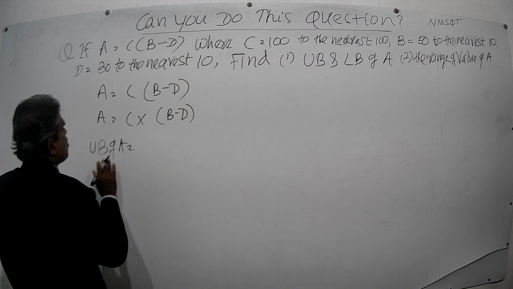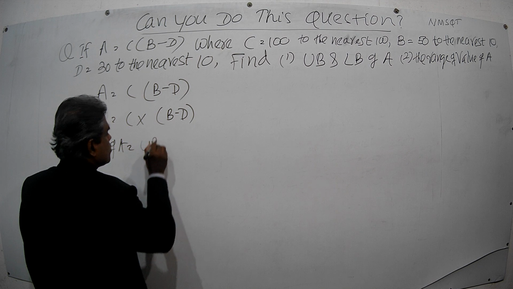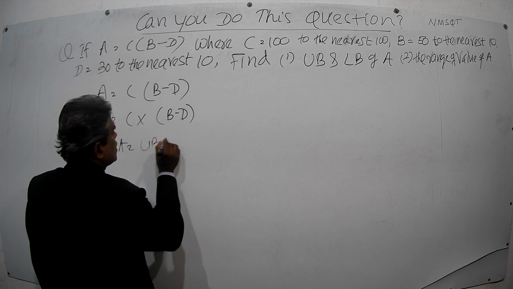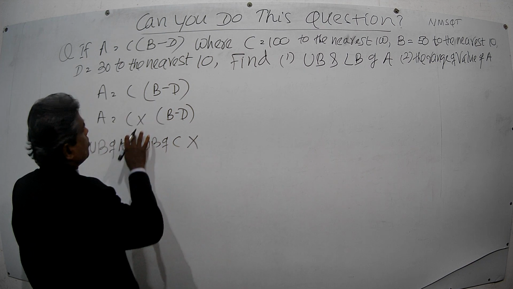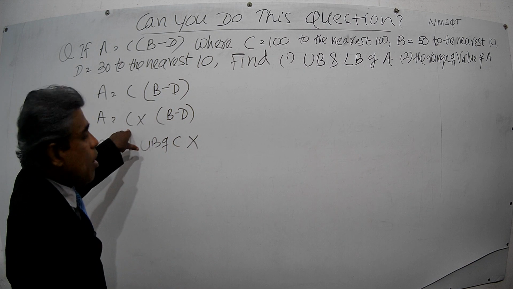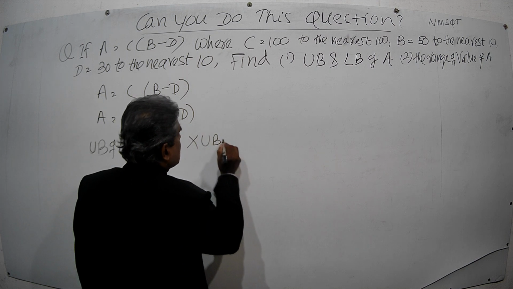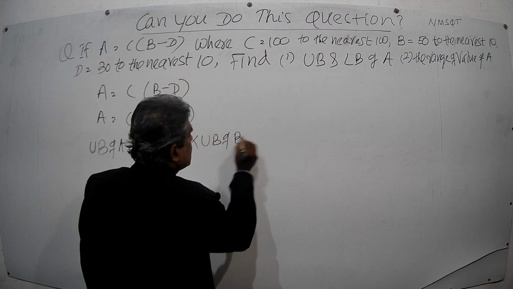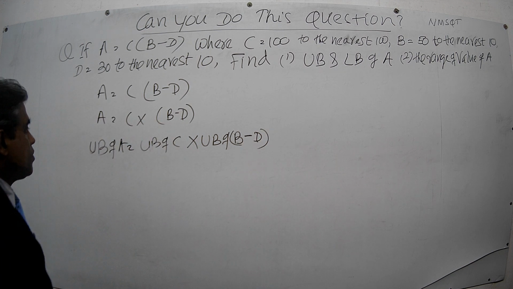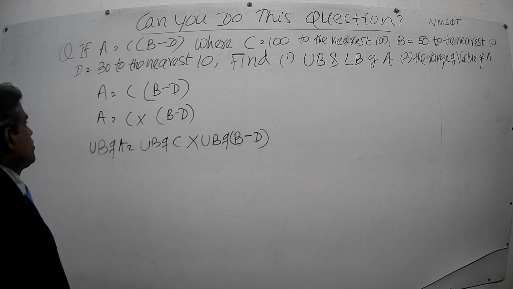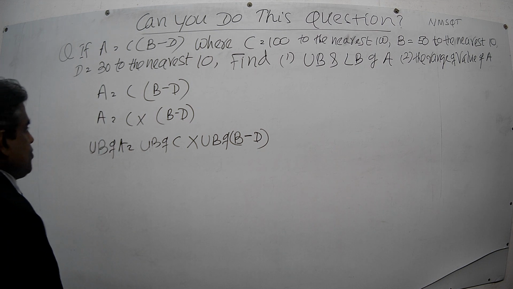Therefore, we write upper bound of A equals upper bound of C, C into upper bound of B minus D. Right.